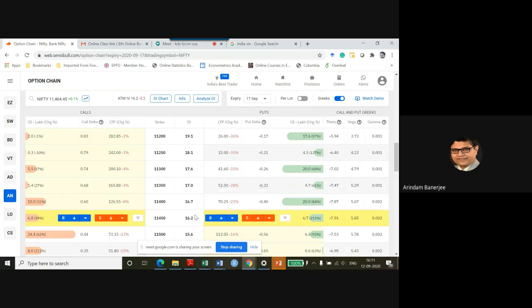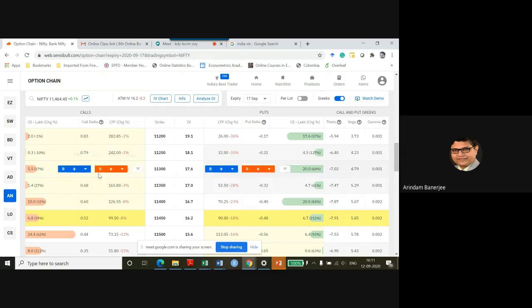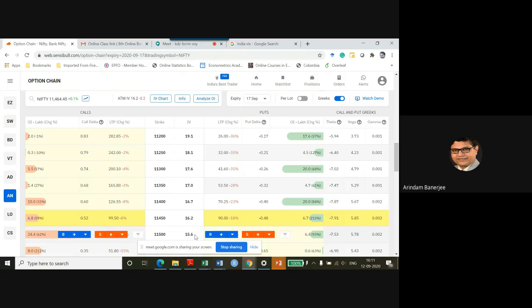Now delta is very important. You can see the more in the money you go, the delta is higher. As a market participant, my objective is to always expire in the money. This possibility of expiring in the money increases when I am already in the money.